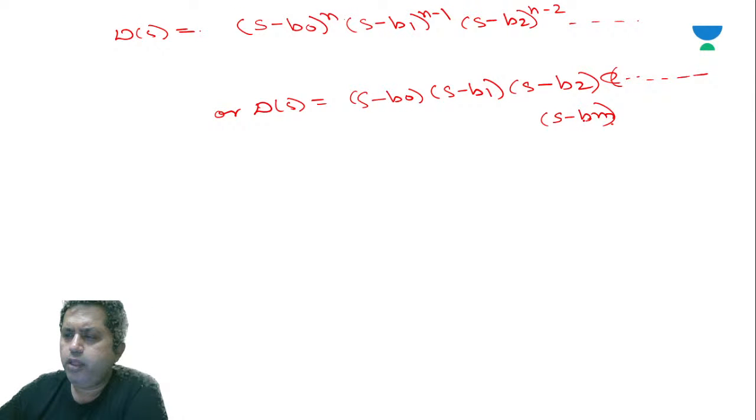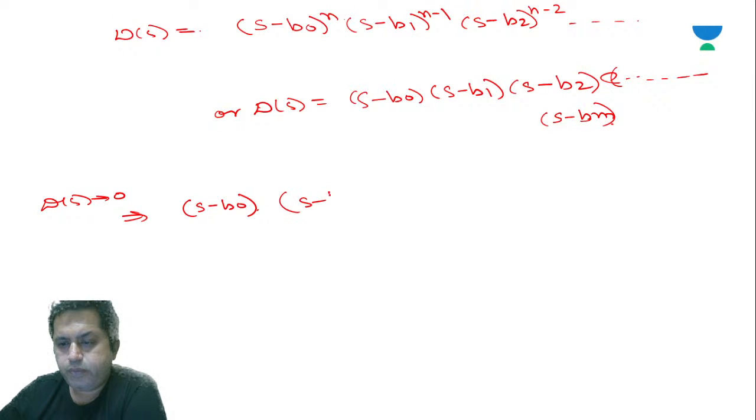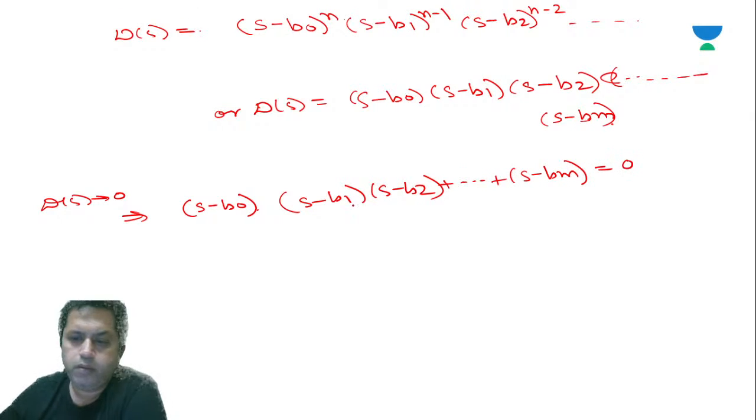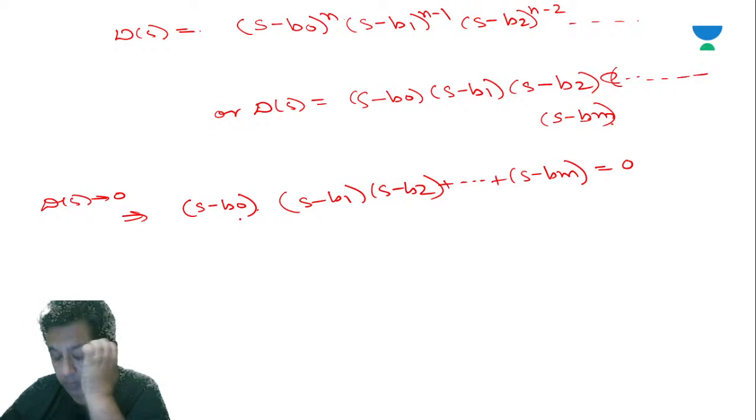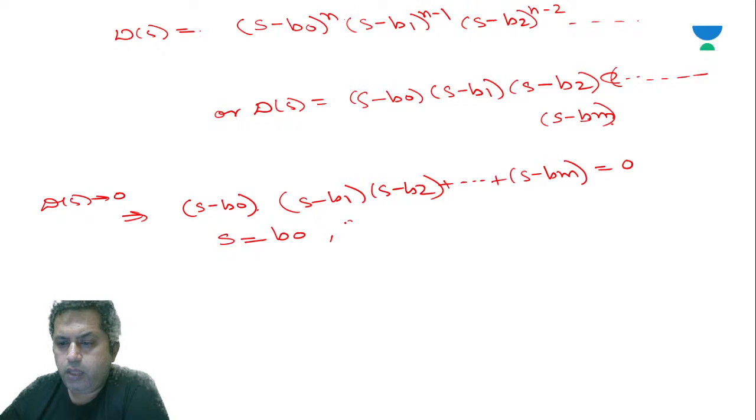If this tends to 0, D(s) tends to 0, which implies s equal to b0, s equal to b1, s equal to b2, dash dash dash s equal to bm.